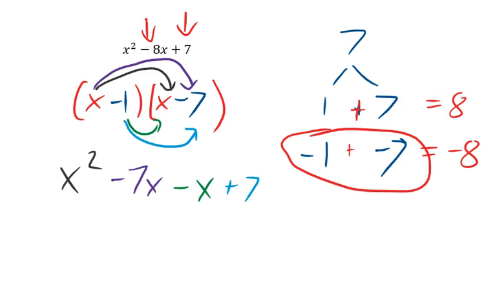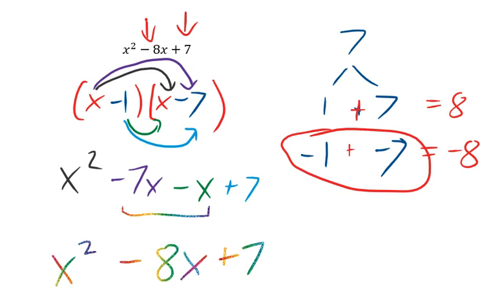That is an overwhelming amount of color here. Let's make it just slightly more overwhelming. So if I combine my like terms here, I can make it x squared minus 8x plus 7, which is what I started out with, x squared minus 8x plus 7. So I know I did this right. This is the correct factoring right here.